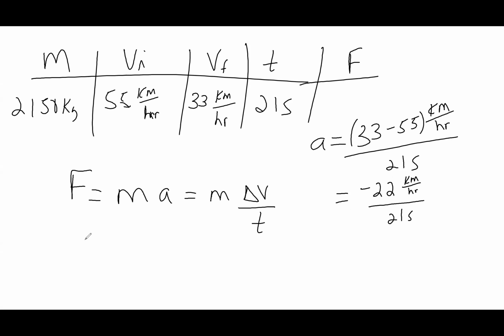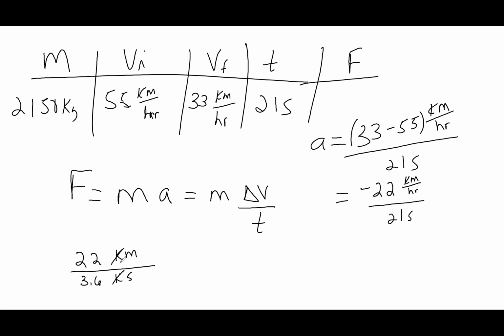Well, we have 22 kilometers per hour, and an hour is 3.6 kiloseconds. That's what it is. So when these kilos cancel out, my units are now meters per second.